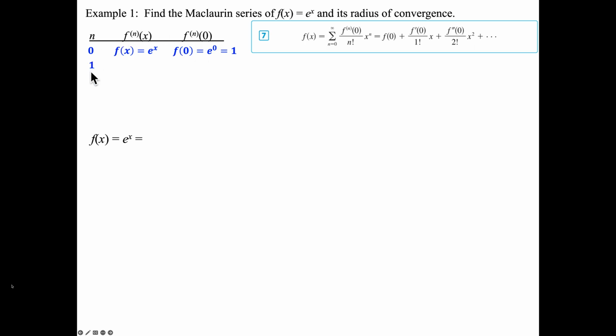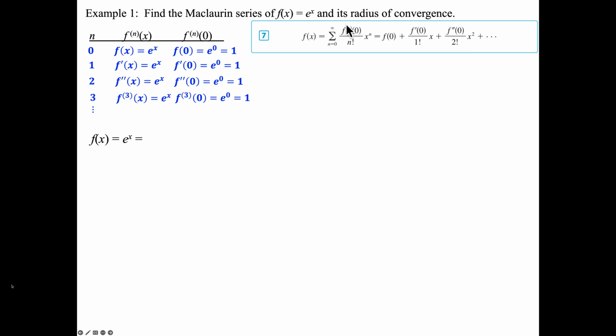When n is equal to 1, the first derivative is just e to the x, and if I put 0 in for the first derivative, e to the 0 is still 1. Second derivative, no change. The derivative of f prime, which is e to the x, is just another e to the x, and you plug in a 0, and the pattern continues on forever.